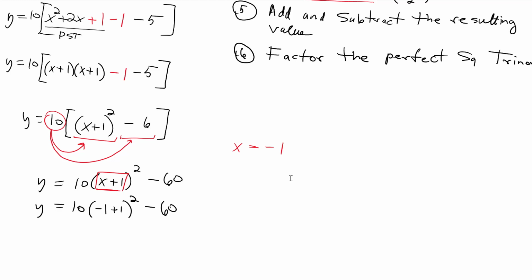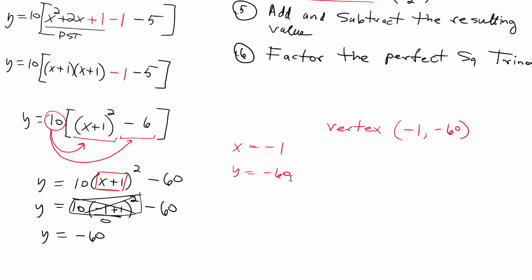This all goes to 0, so the whole thing here is 0. So we have y equals negative 60. And that's exactly what the vertex will be. So the vertex for this one is at (-1, -60).